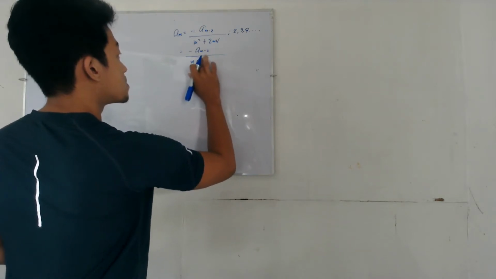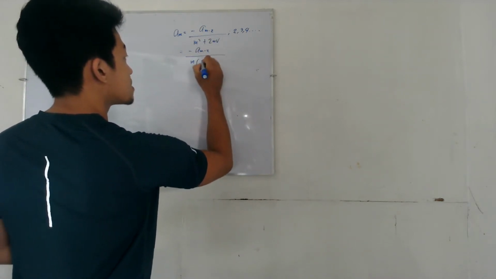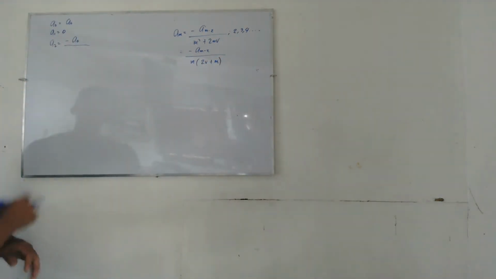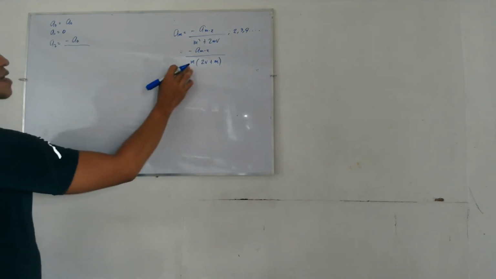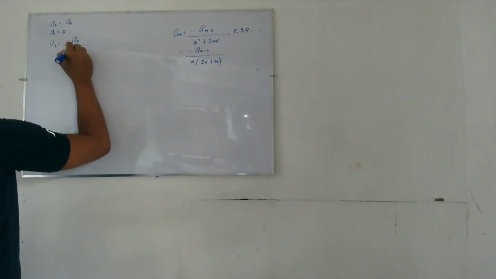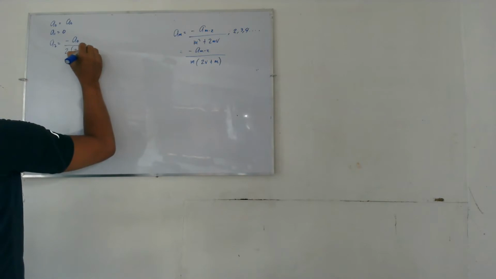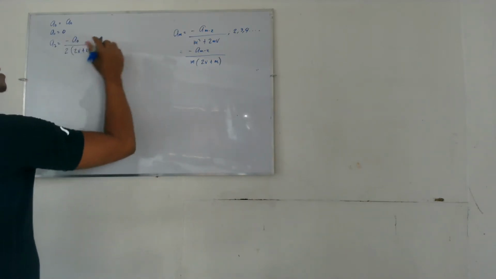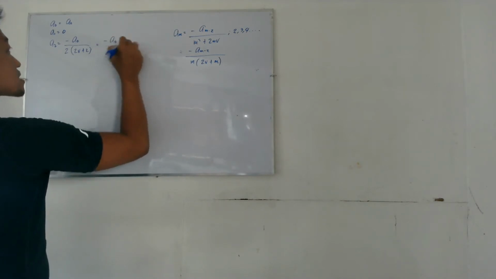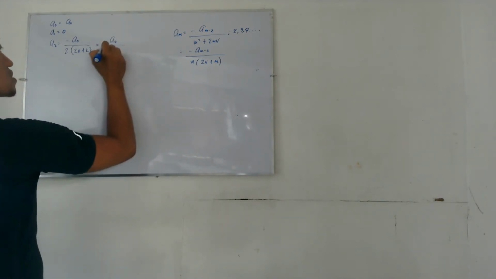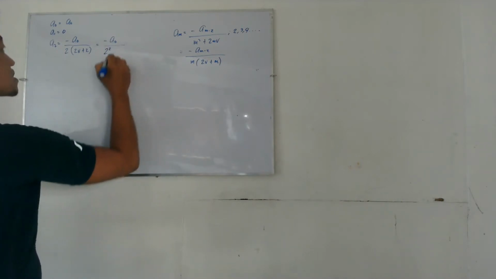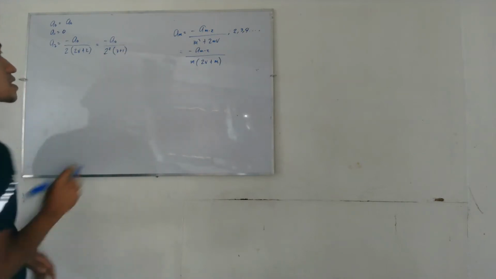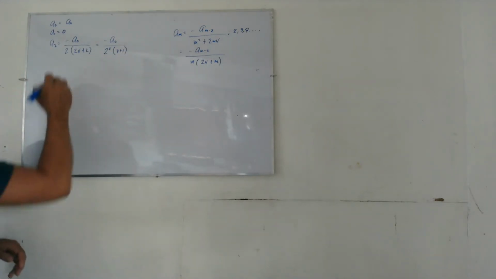A sub 2, plug in, this becomes negative A0 over 2b plus m. 1. So this becomes, m is 2, 2b plus 2. Or we could simplify this one as A0 over 2 squared times b plus 1. Okay?